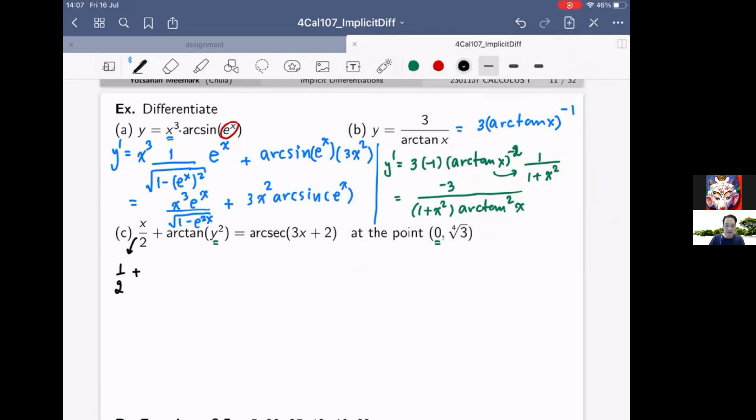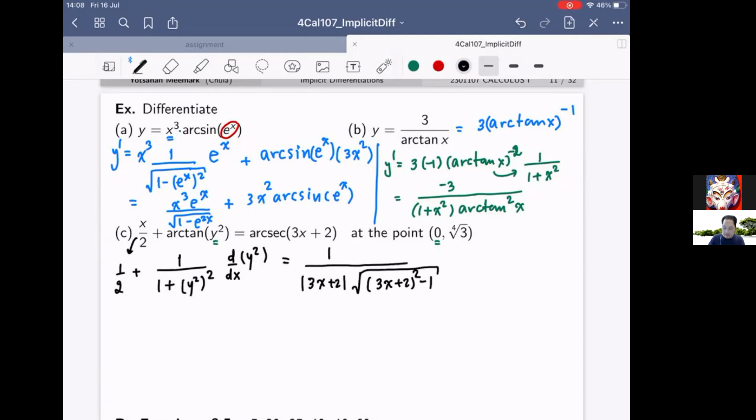And then the derivative of arctangent of u is 1 over 1 plus u squared, and then the derivative of the inside, equals the arcsecant, which is 1 over the absolute value of u times the square root of u squared minus 1. Right now here the whole thing is your u, and then the derivative of the u, which is 3x plus 2.